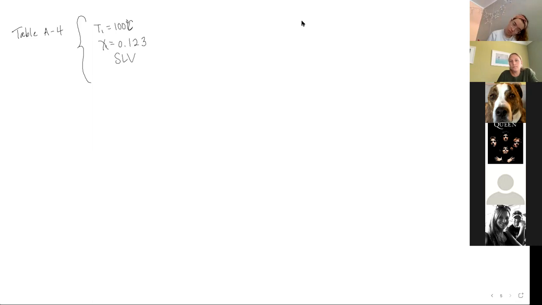So at table A4, when you have your starting condition of 100 degrees Celsius and a quality of 12%, or 0.123, which tells you that you're a saturated liquid vapor, which means you're the subscript fg.